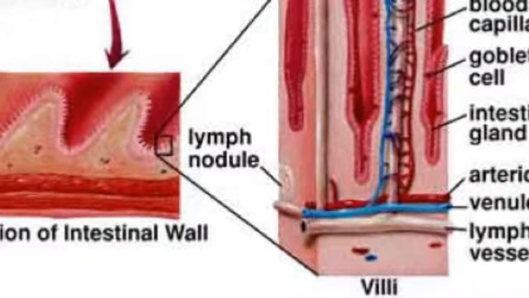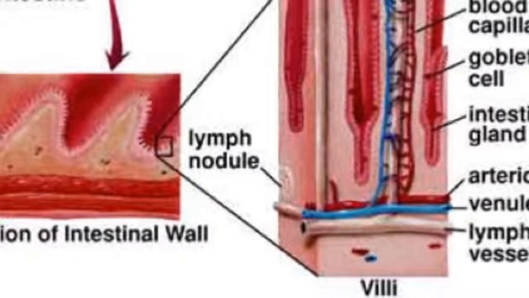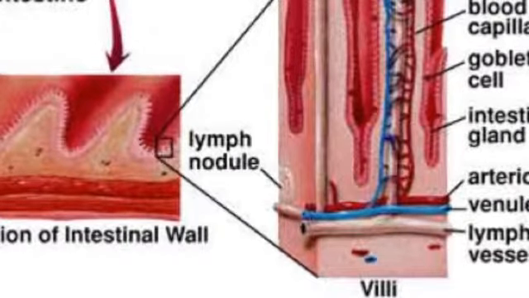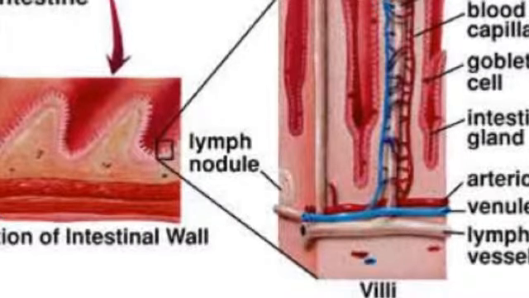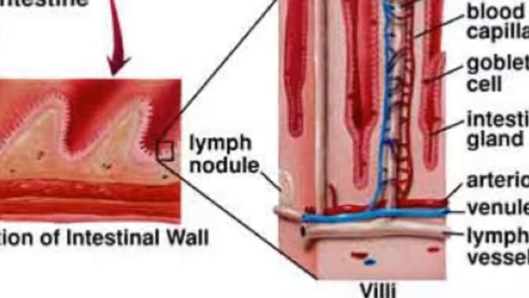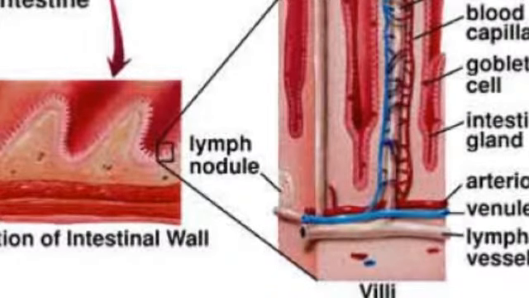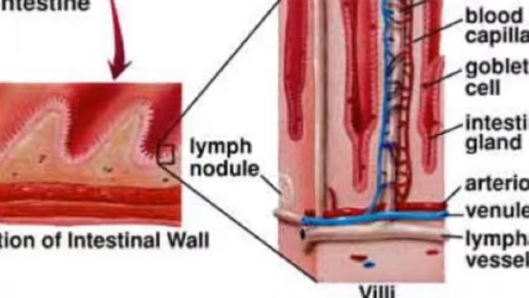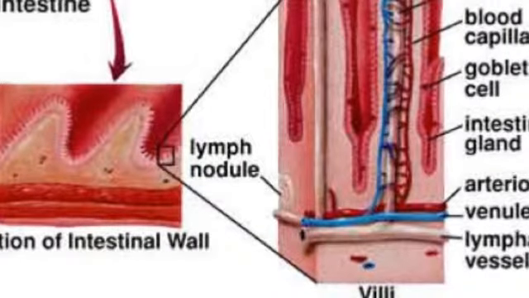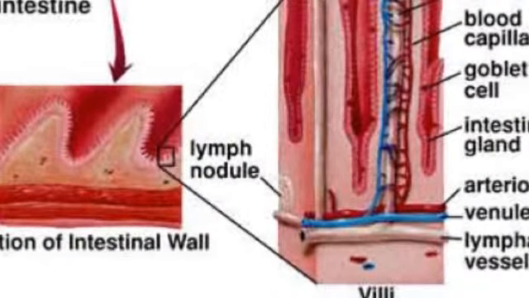The small intestine consists of villi. Intestinal villi are small, finger-like projections that protrude from the epithelial lining of the intestinal wall. Each villus is approximately 0.5 to 1.6 millimeters in length and has many microvilli, each of which is much smaller than a single villus.